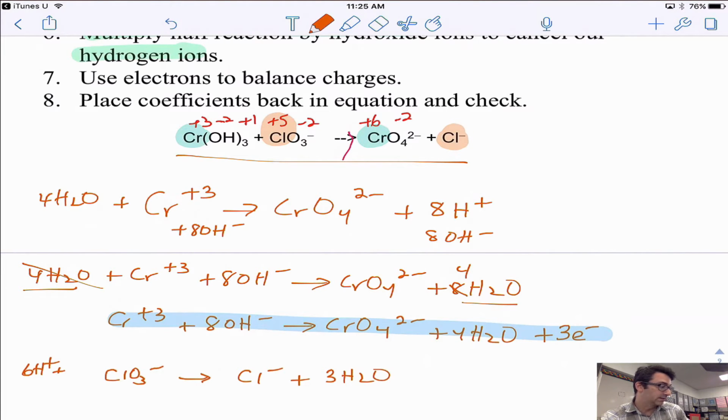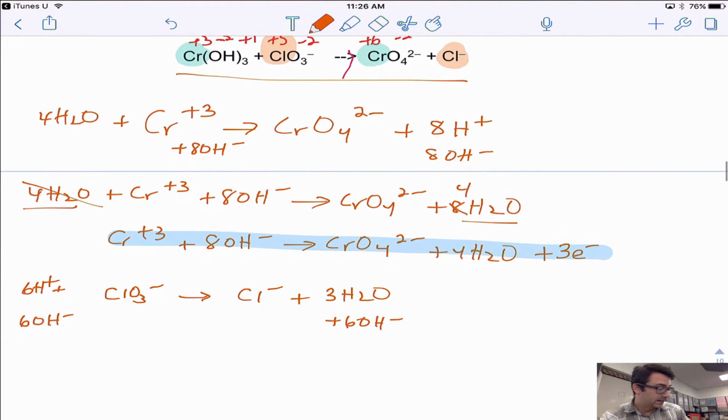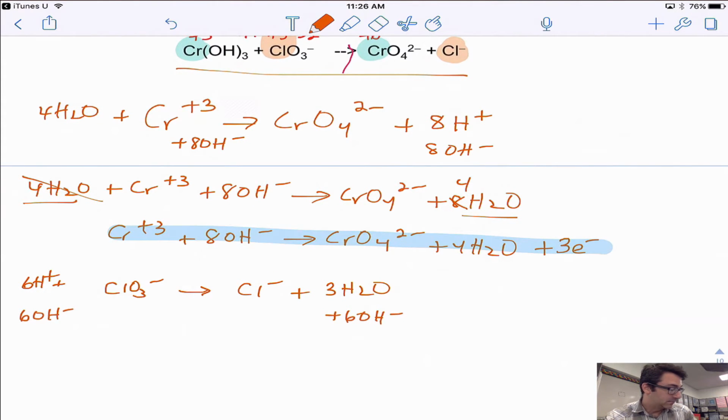So on the left, actually we'll do hydroxides first. I need to balance out the hydroxides, so I'm going to add 6 OH minuses on the left, and I'm going to add 6 OH minuses on the right. And when I do that, I'm going to get my 6 waters on the left plus my ClO3 minus yields my Cl minus plus 3 H2O plus 6 OH minus.